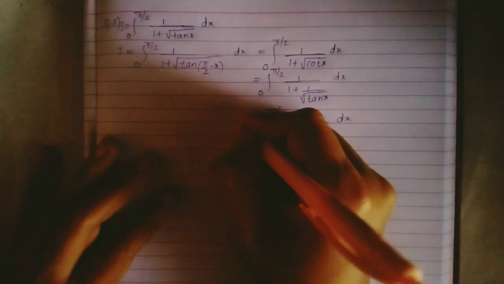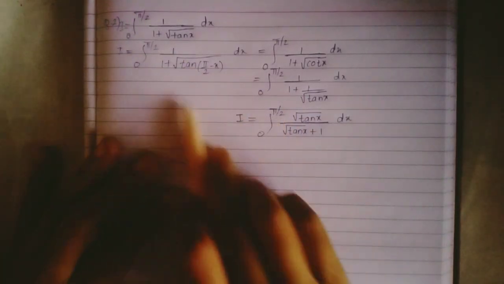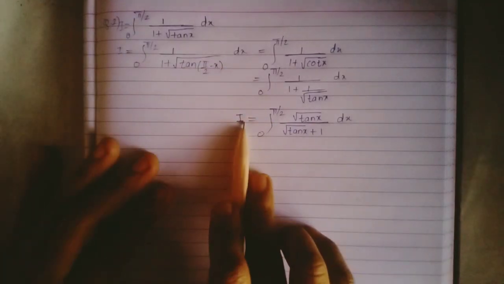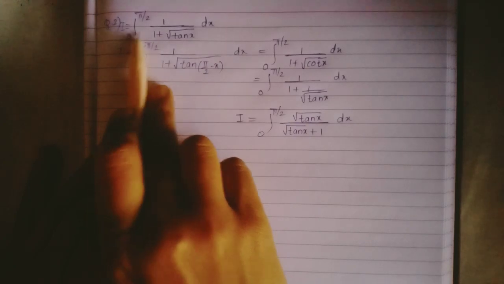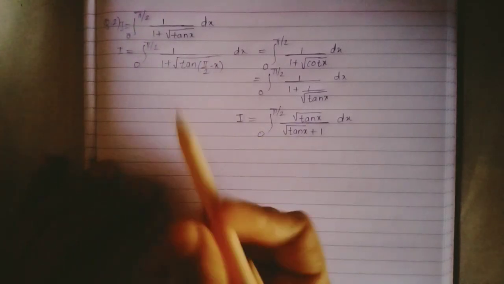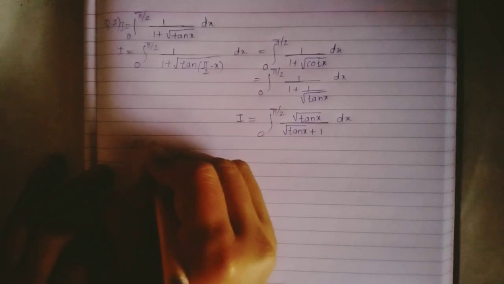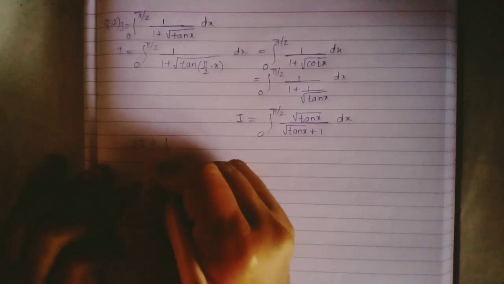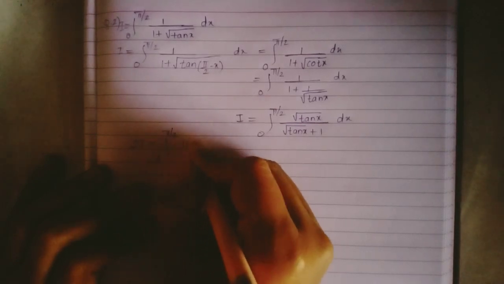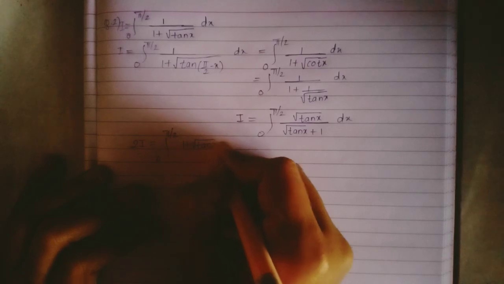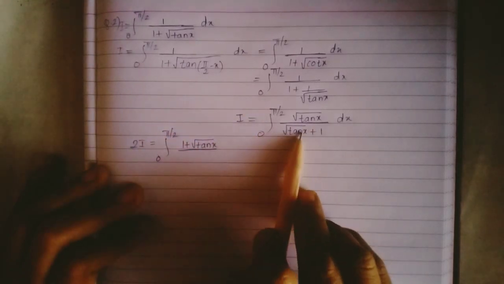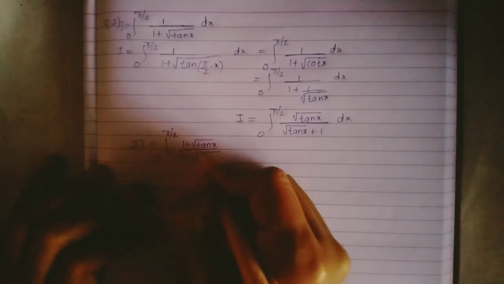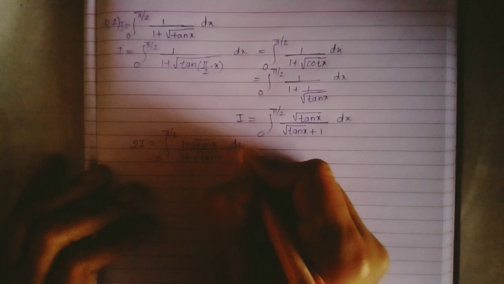Now this is our integral which we got by using one of the properties, and this is our original integral. So this integral plus this integral, you will get 2I. Adding the two integrals, both have the same denominator, 1 plus root tan x, dx.